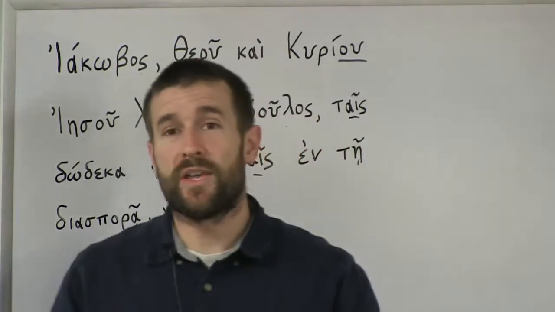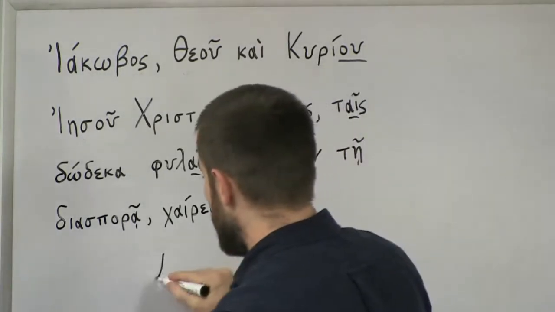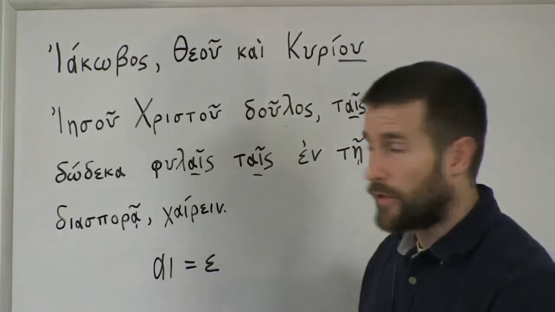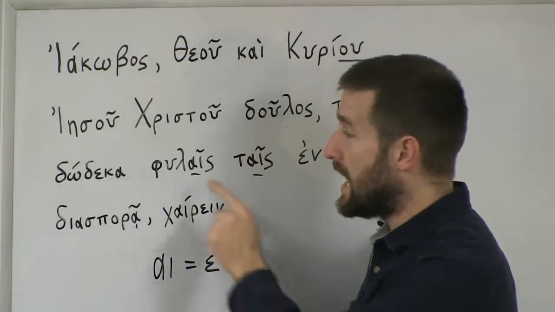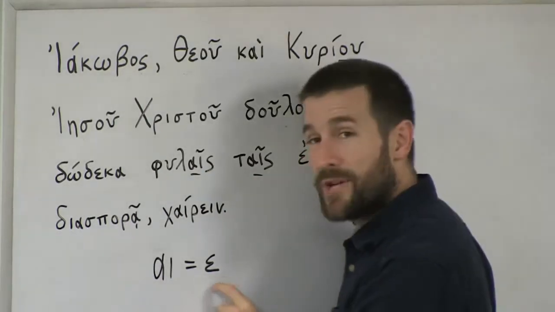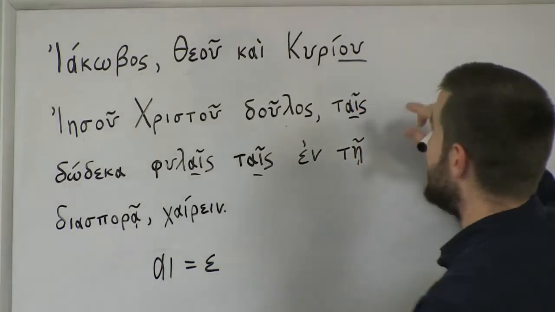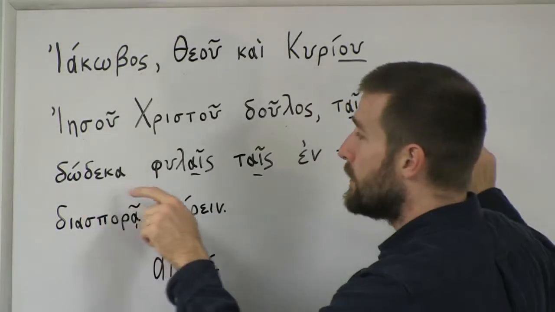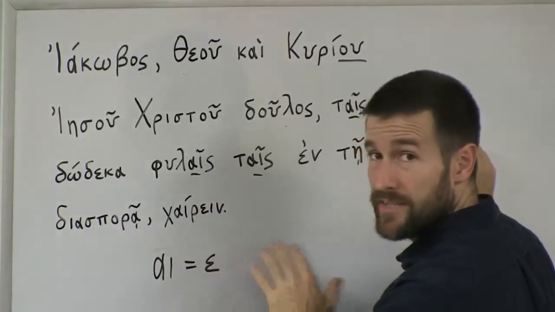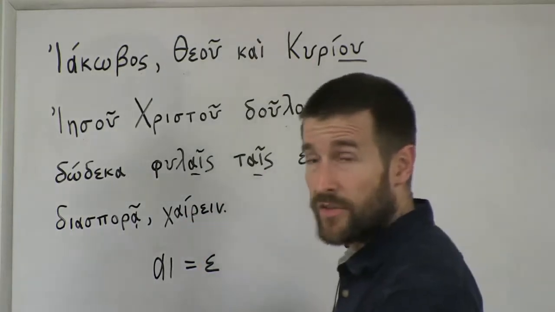When we went over the Greek alphabet in lesson 2, we talked about how this alpha iota diphthong makes the same sound as epsilon. So whenever you see alpha iota as a diphthong, and of course we're doing modern Greek pronunciation, you pronounce it like an epsilon. And so this is going to be pronounced tes dodeka philes, tes enti diaspora, cherin. All of those alpha iota diphthongs are pronounced like epsilons.